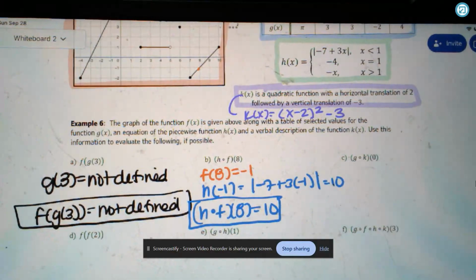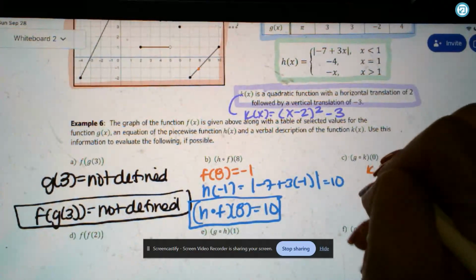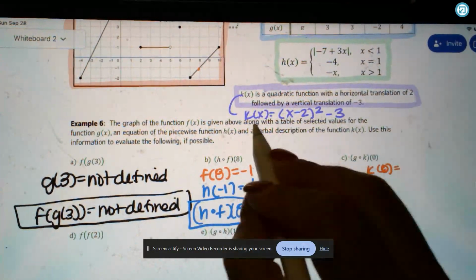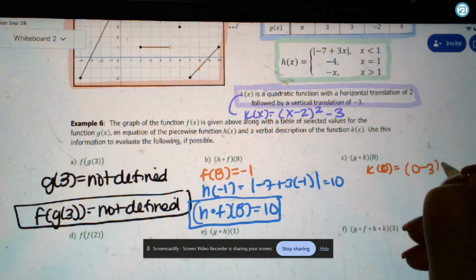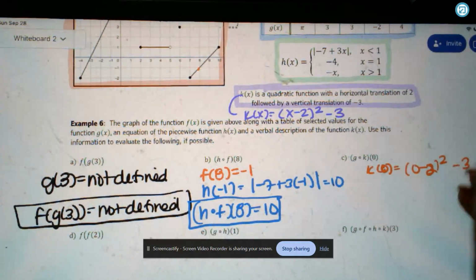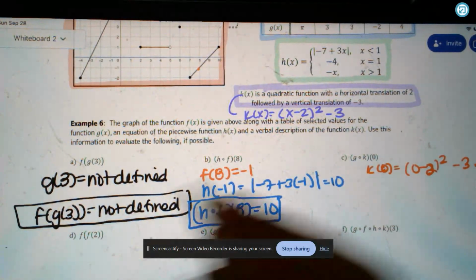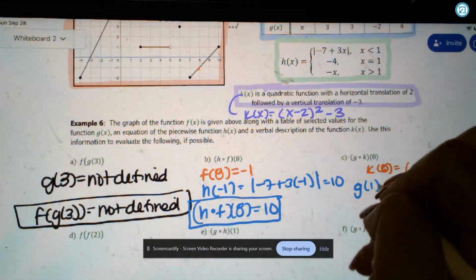All right, g of k of 0. We have to start with k of 0. So k of 0 is going to be this right here: 0 minus 2 squared minus 3. So -2 squared is 4. 4 minus 3 is 1. And now we're going to do g of 1.